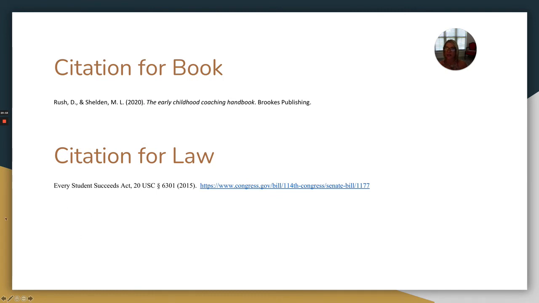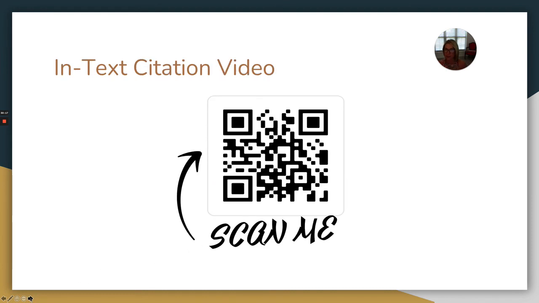And again, here's the citation example for a book. It no longer has where Brookes Publishing was located. And then here's an example citation for a law. And you're also going to put the website where you were able to access the law in your citation.